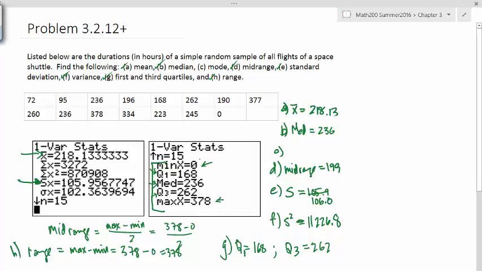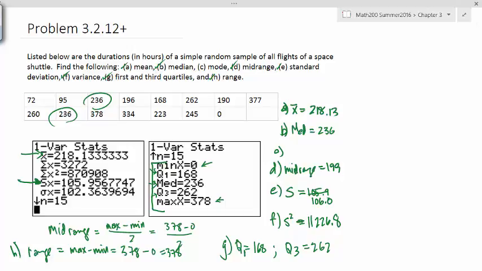For that, let's go to our calculator and sort this to see. We can try to scan this and see if there are any numbers that repeat themselves and happen more than once. And it's a little tricky when you're scanning a set of numbers that's not in order, so you might actually miss it. I can kind of see here that 236 happens twice, but I want to be absolutely sure.